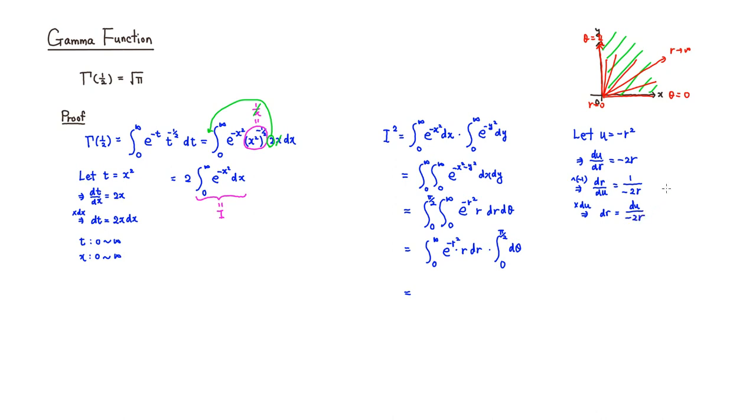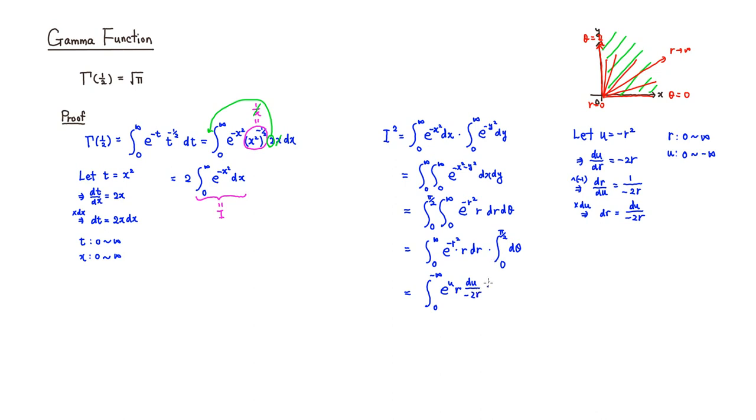Alright, then in this case, r is going from 0 to infinity, and u is going from 0, still 0, to negative infinity squared, which is negative infinity. So we're going from 0 to negative infinity. You have e to the u, r is r, dr is du over negative 2r.